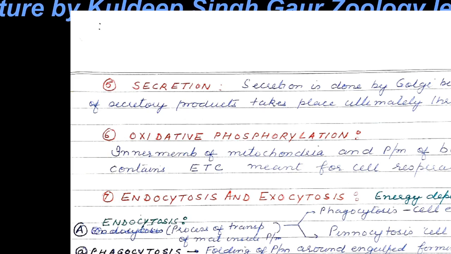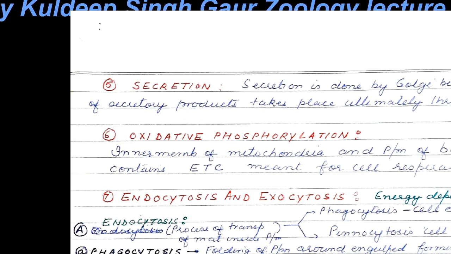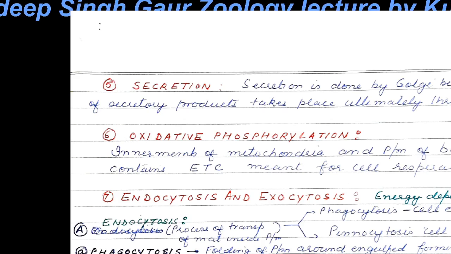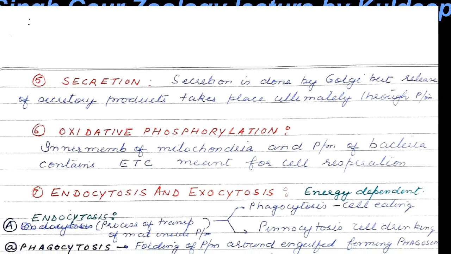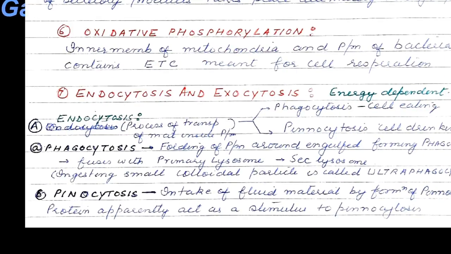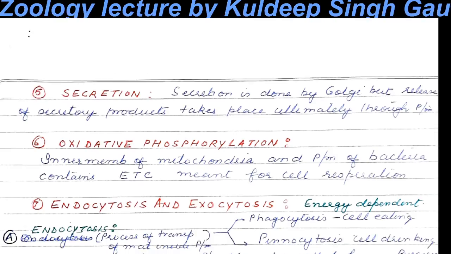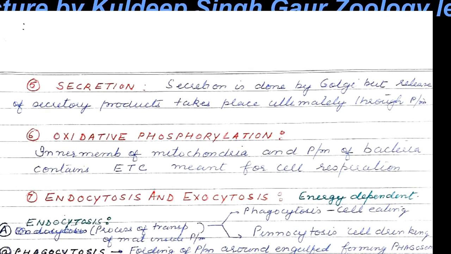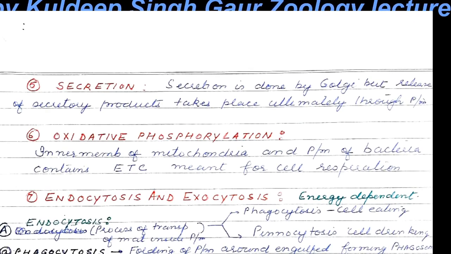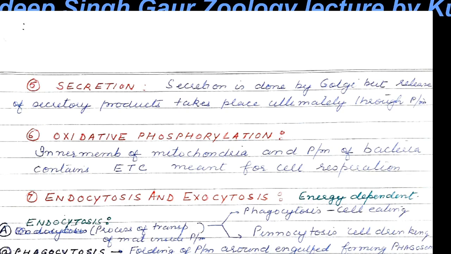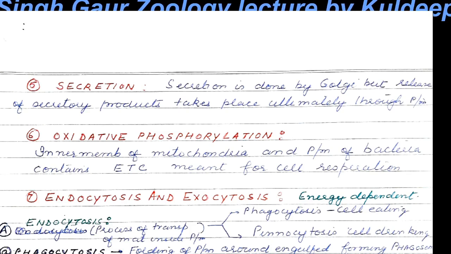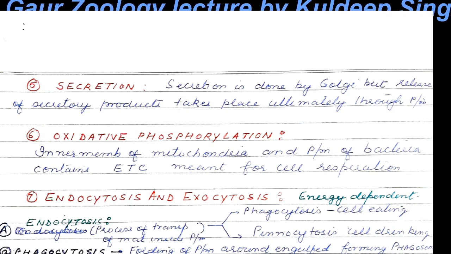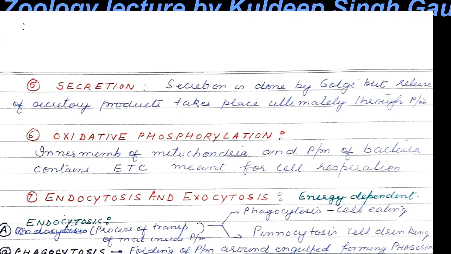Endocytosis is phagocytosis and pinocytosis. Phagocytosis is cell eating and pinocytosis is cell drinking. If the substance which is taken in is solid, then it is called phagocytosis, and if it is liquid, then it is pinocytosis.